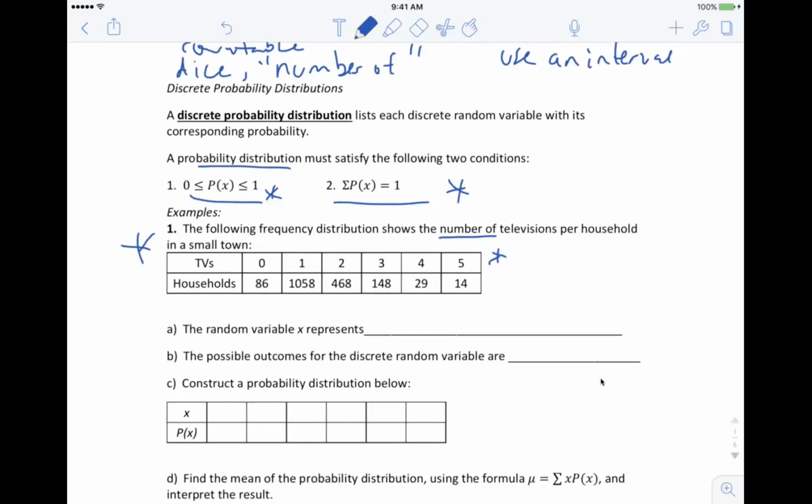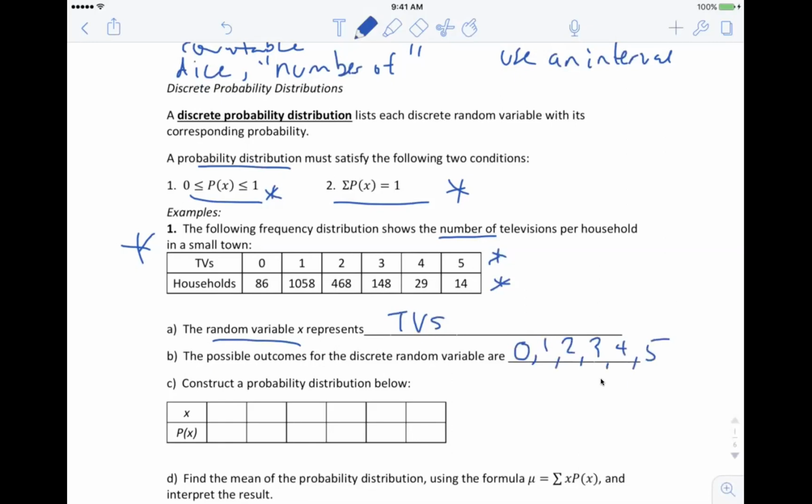And then the households is the frequency of each of the outcomes, okay? In this case, the random variable x represents TVs, and the possible outcomes for the discrete random variable are 0 through 5. They can be listed, okay?